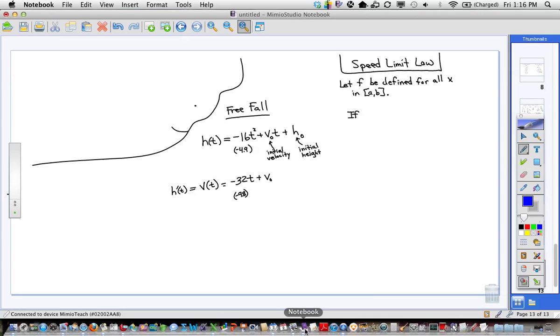If f prime of x is less than or equal to m for all x in AB, then f of b minus f of a is less than or equal to m times the quantity b minus a.